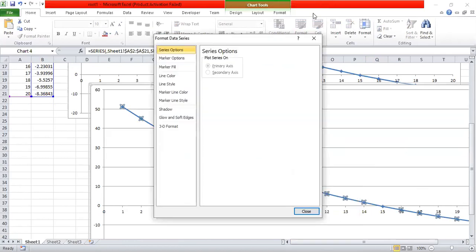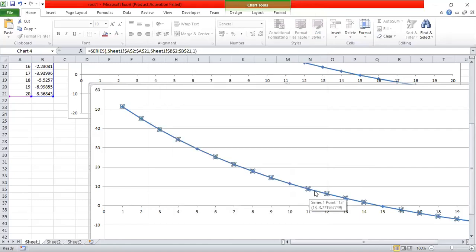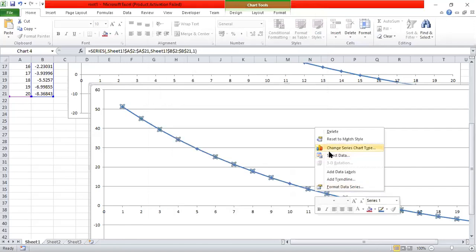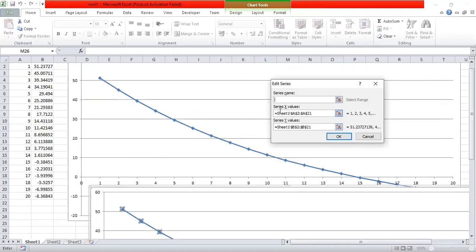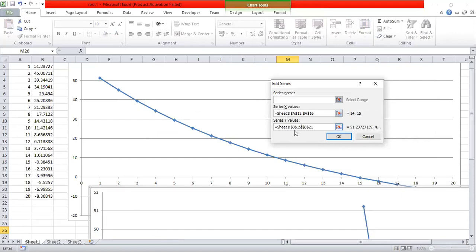So I just want to narrow the plot. I will edit it and narrow the plot between 14 and 15. So A15 and A16, A15, then A16, because we know that the root is between these values. A15, then B16. Okay.